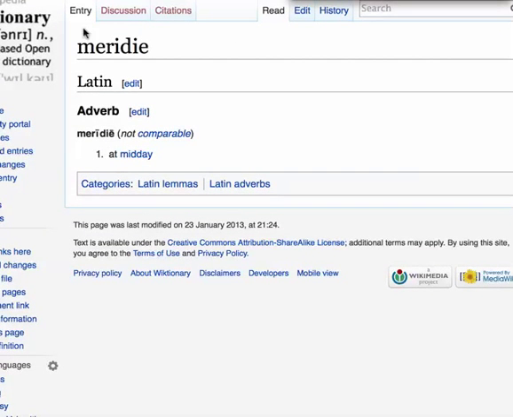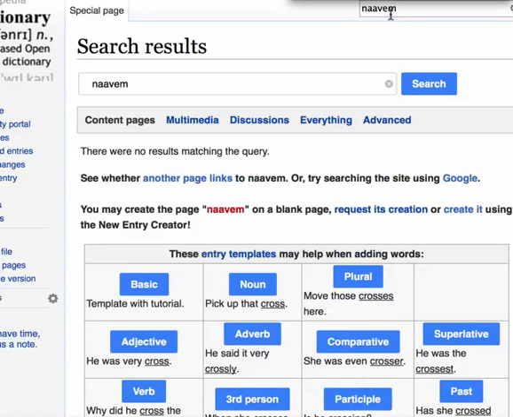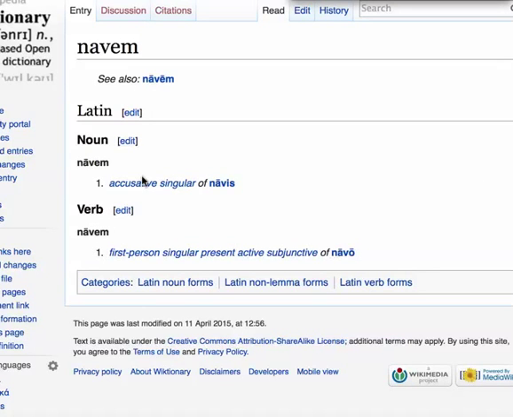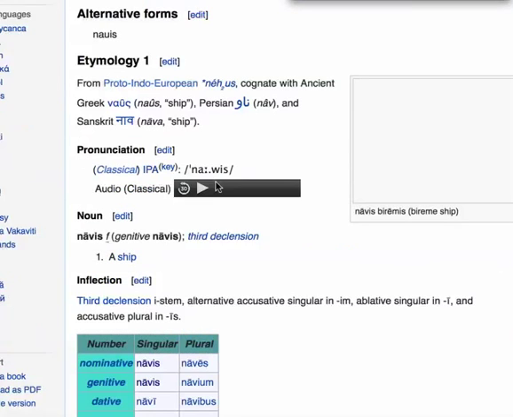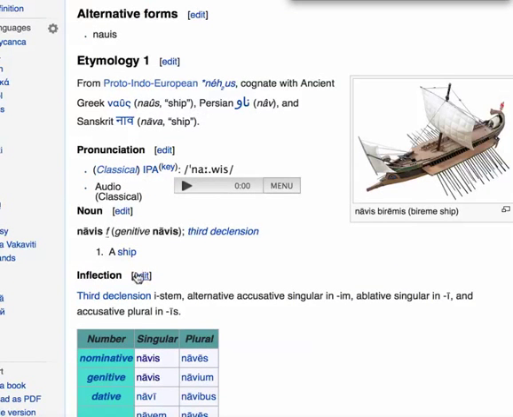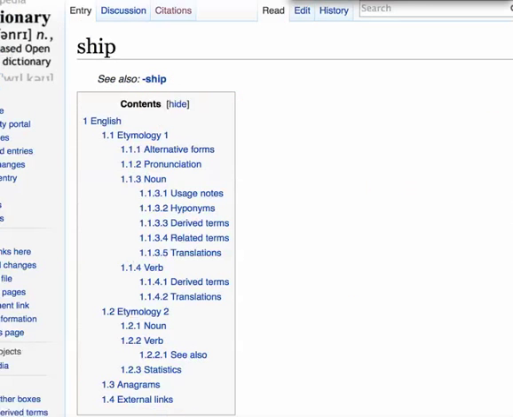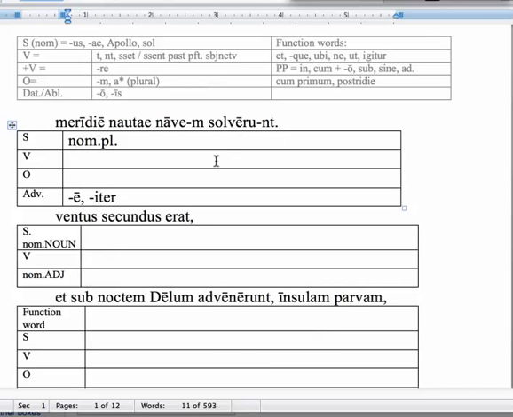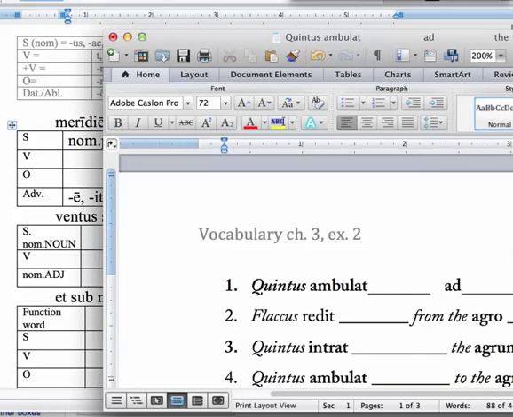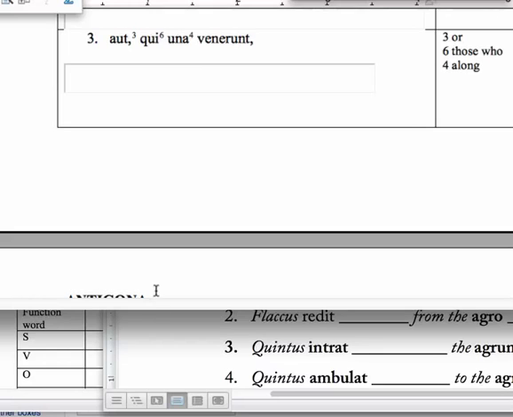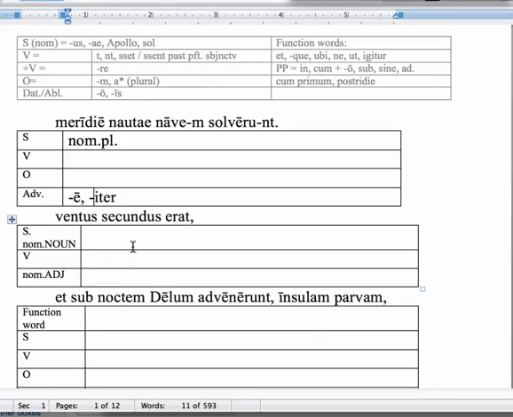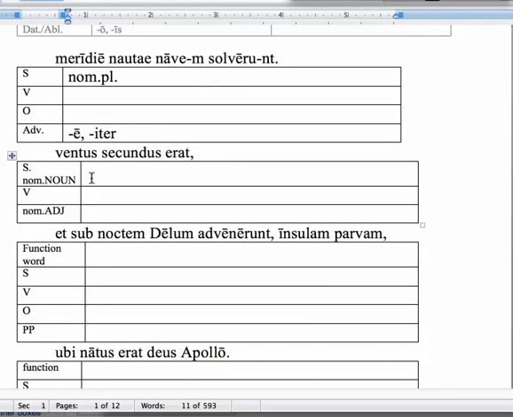Navem, accusative of navis, navis meaning ship. Okay, it's just like that. Nautae, meaning sailors. Okay, the second one here, ventus is the noun, wind.